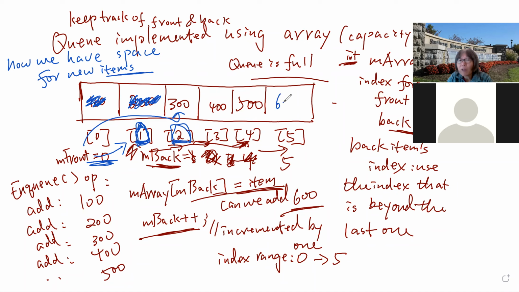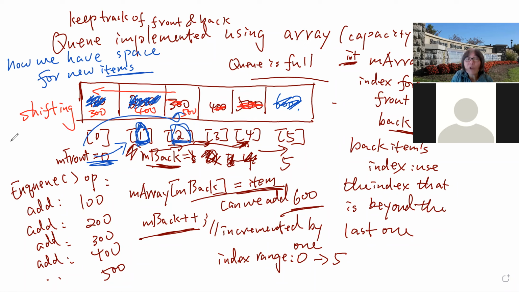If we add 600 here and only update the index, that's still not working, so that won't work. If you really want to make it work, you need shifting: move 300, then move 400, then move 500.